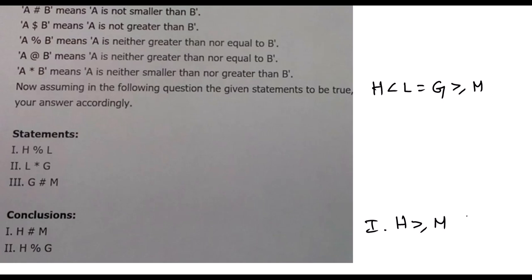Percentage also decoded as less than. I decoded it for you people. Now you decide which conclusion is definitely true from the statement. This is the statement. You need to decide which conclusion is definitely true with respect to the given statements.